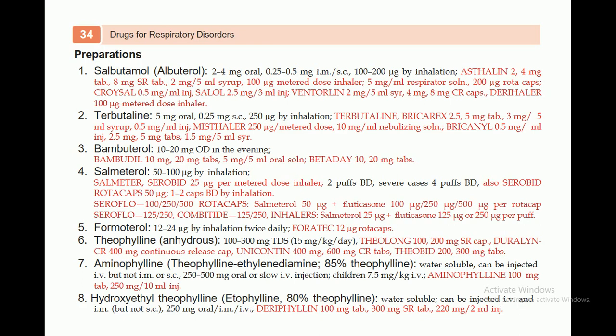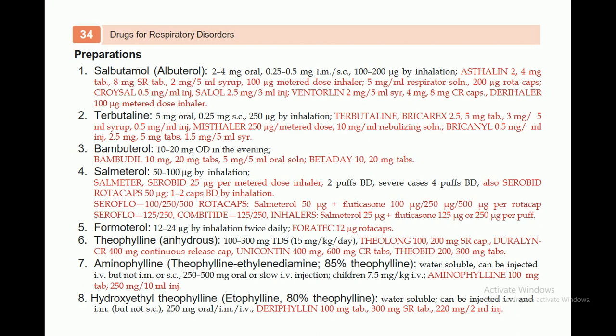The second one is aminophylline. Aminophylline is theophylline with ethylenediamine, 85% theophylline, water soluble, that can be injected IV but not intramuscularly or subcutaneously. 250 and 500 milligram oral or slow IV injection.